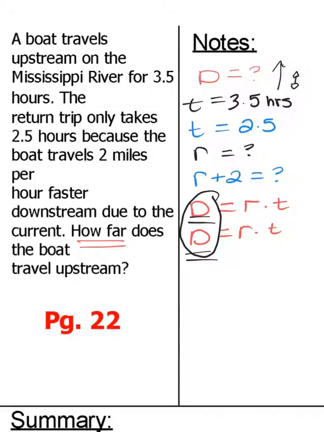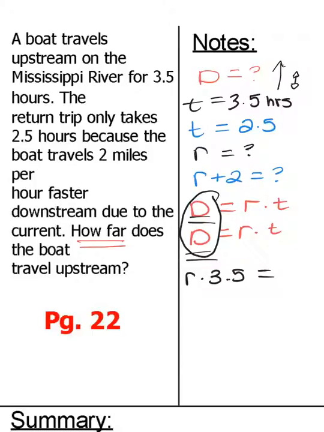So, here we are traveling on our boat on the Mississippi River. And I'm going to create this equation to solve for the rate because I don't have a rate. I can't find a distance if I don't have a rate that I know, right? I do know a couple things about that rate. I know that going upstream, I'm going to take whatever my rate is times 3.5, and that's equal to a distance, correct?